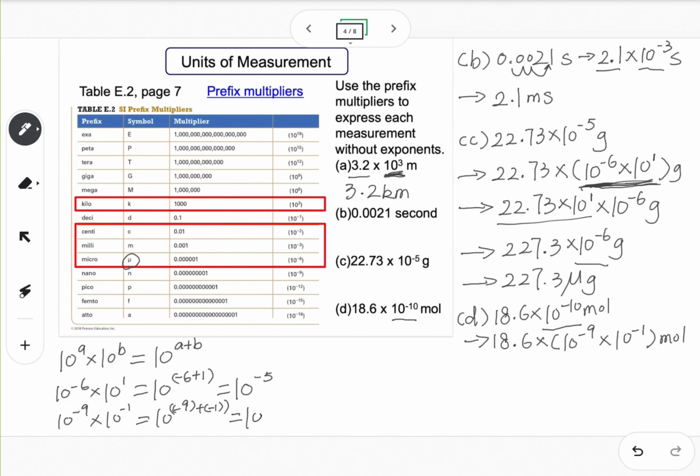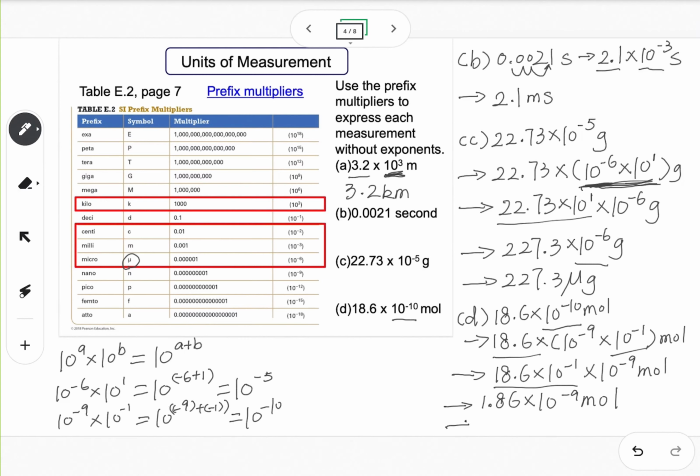That is still 10 to the negative 10. So the value remains the same. Now I combine these two items. 18.6 times 10 to the negative 1 times 10 to the negative 9 mole. Combine these two, that will give us 1.86 times 10 to the negative 9 mole.